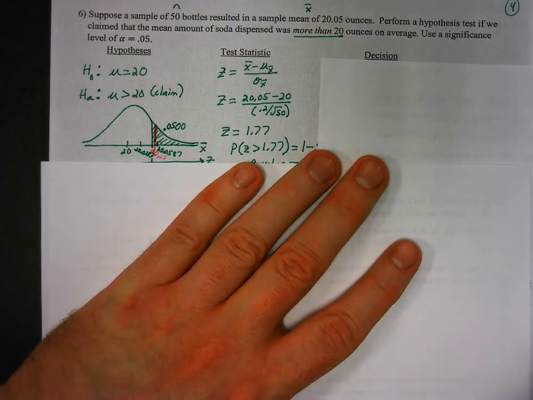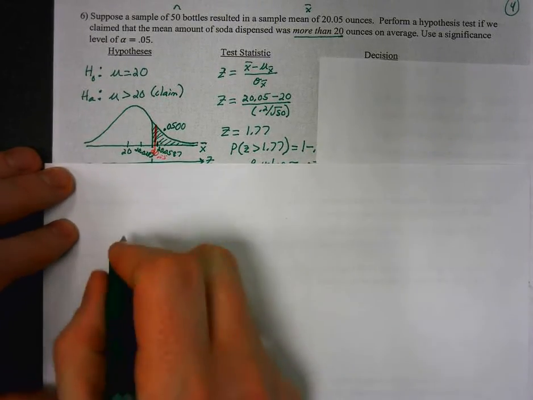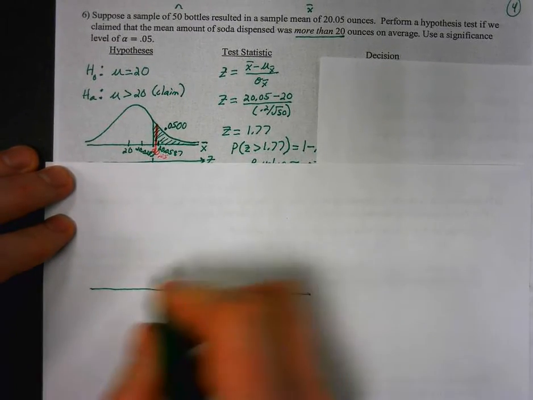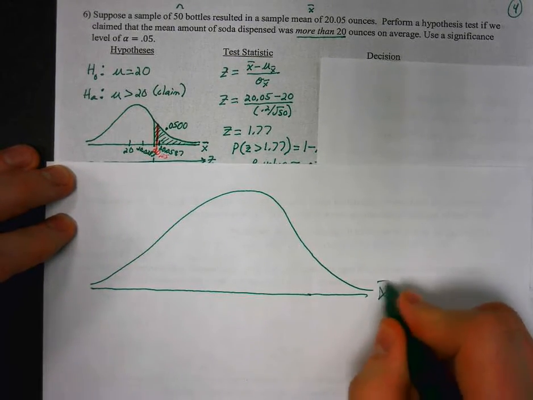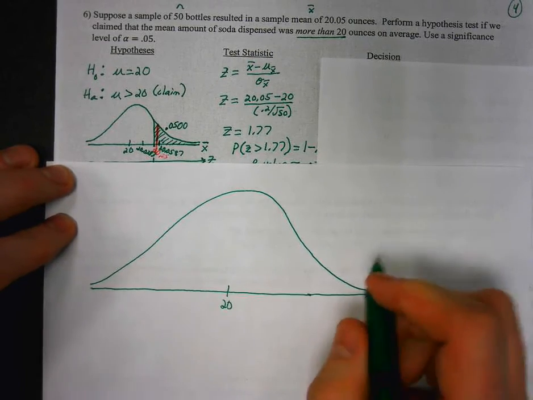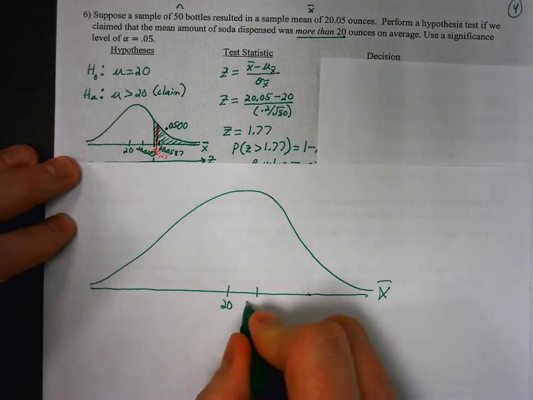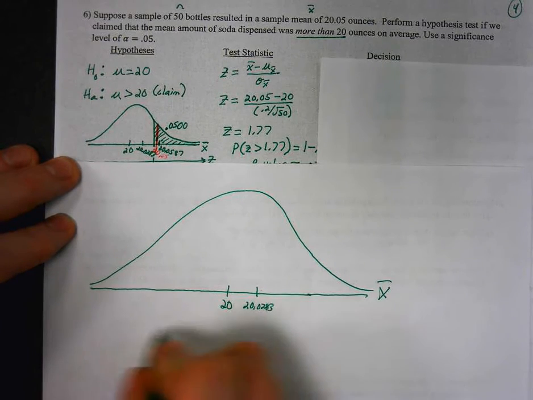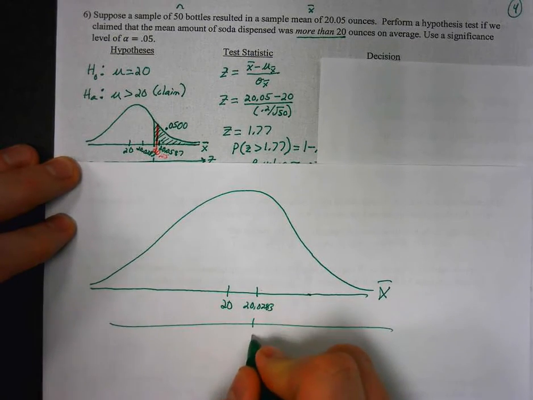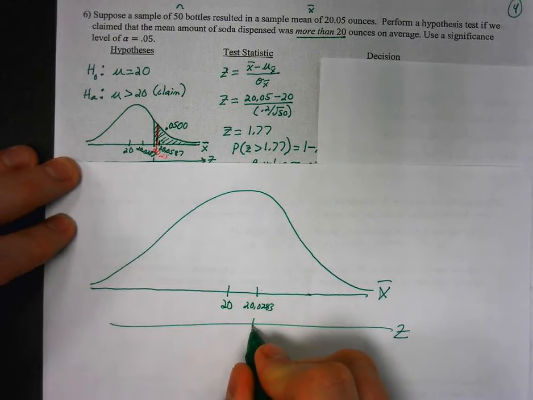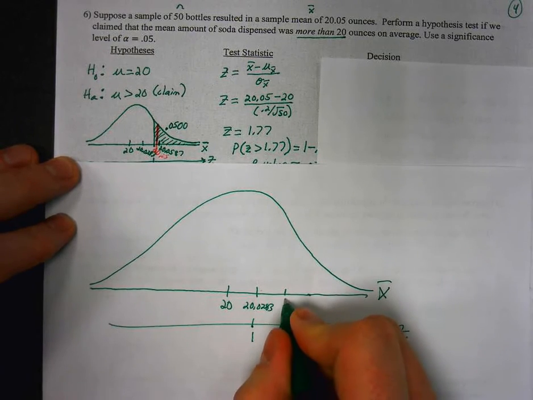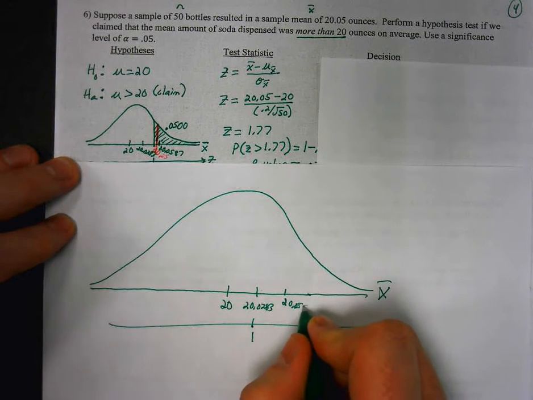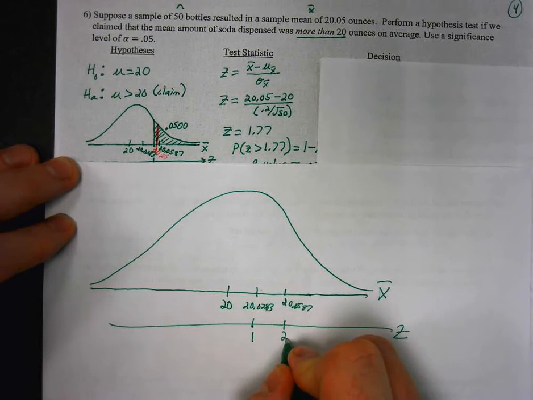I know it's a little jumbled here, so I'll draw that a little bit bigger. Again, 20 is right in the center. 20.0283 has a z-score of 1, and 20.0587 has a z-score of 2.